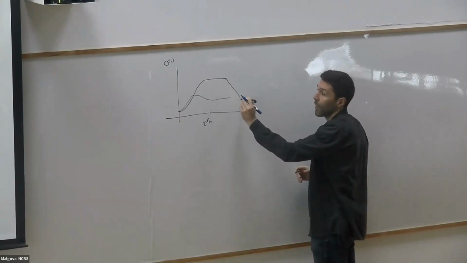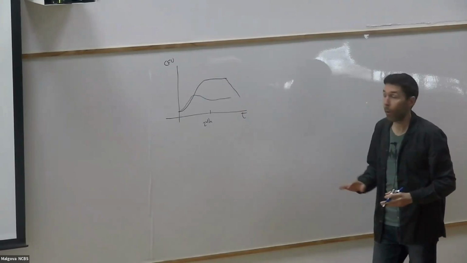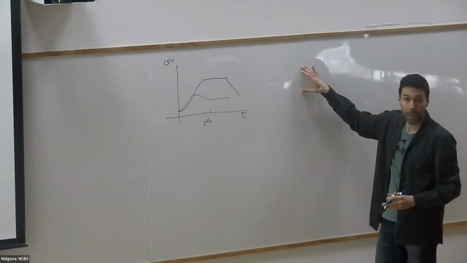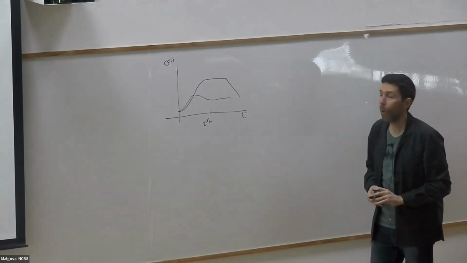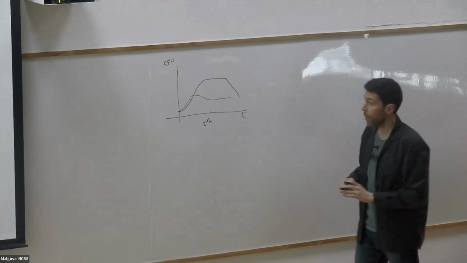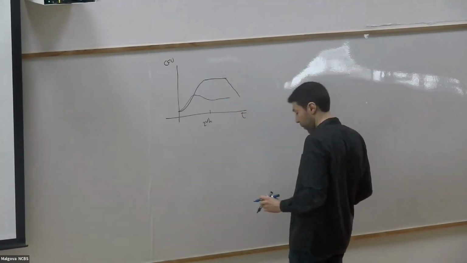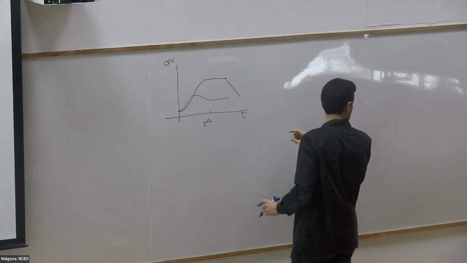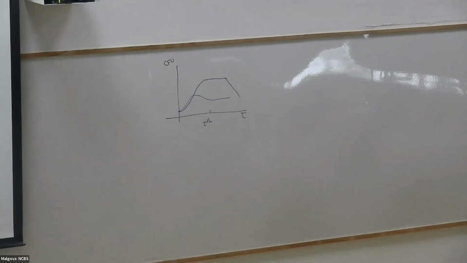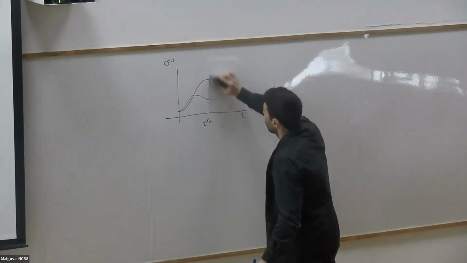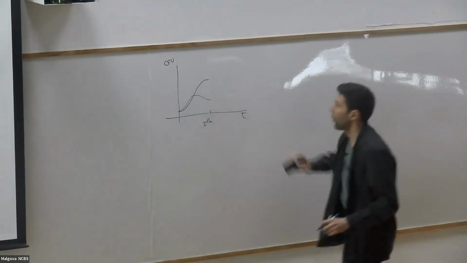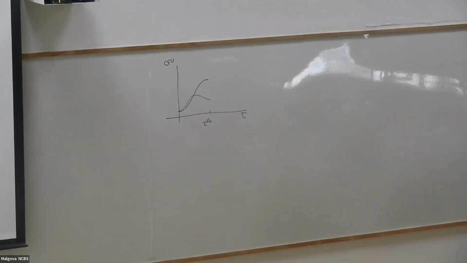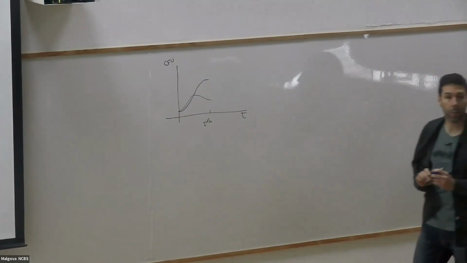Maybe this one starts dying faster than the other one, or maybe they can stay for a long time like this. I really don't know. What we do in this experiment is that when we reach this point here, we dilute and we let them grow again.